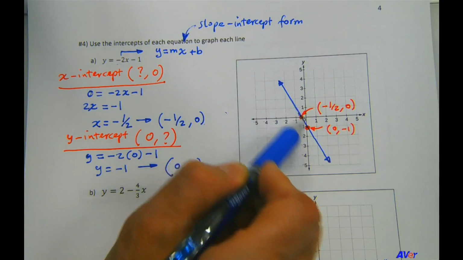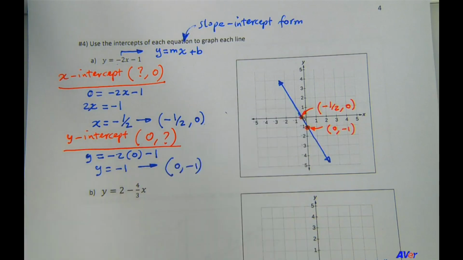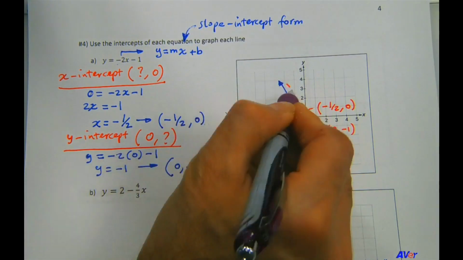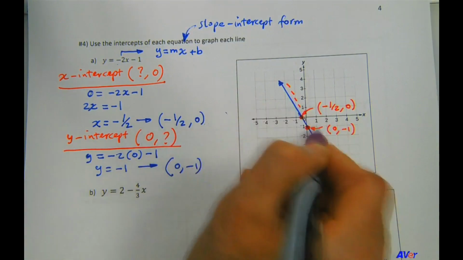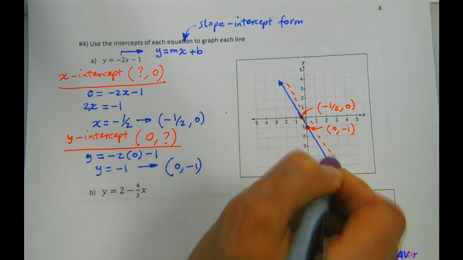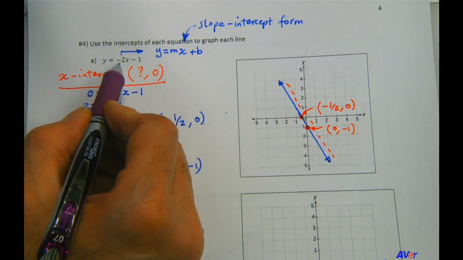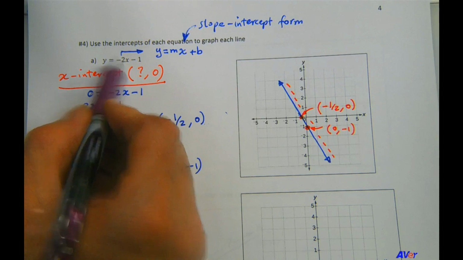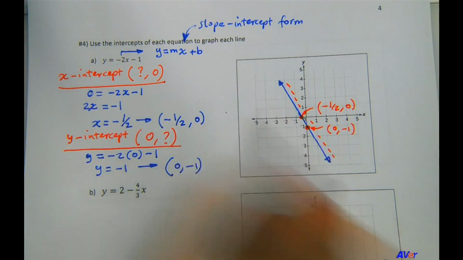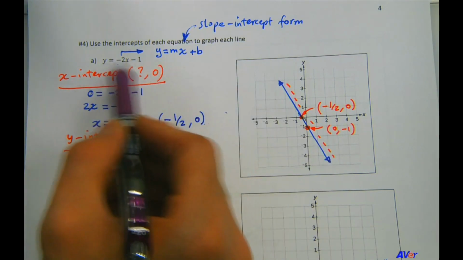It's going down this way, which means it has a negative slope. So the slope is clearly shown. It's a negative 2. So this line makes sense given this equation.